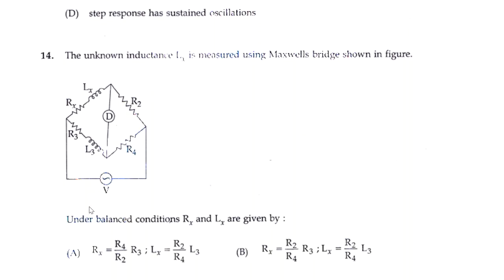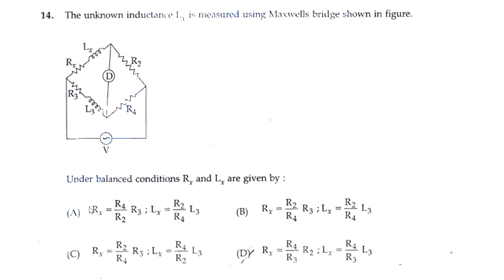Next question. The unknown inductance, specified as Lx, is measured using the Maxwell bridge shown in the figure. Now the balanced conditions for Rx and Lx are given by. So what is the balanced condition here?